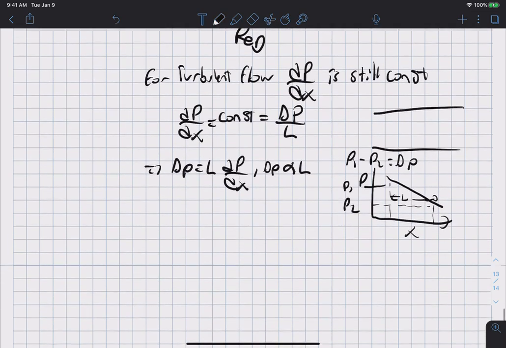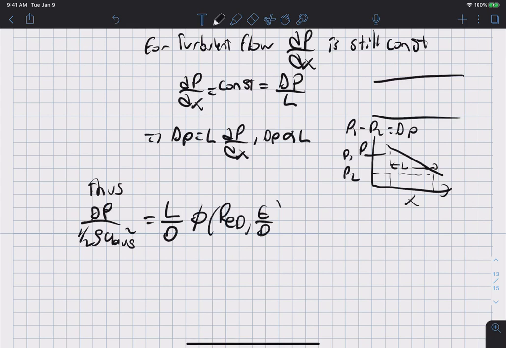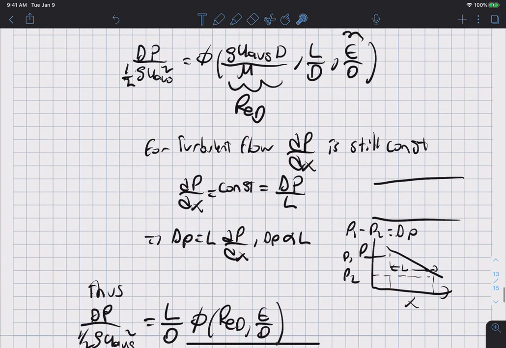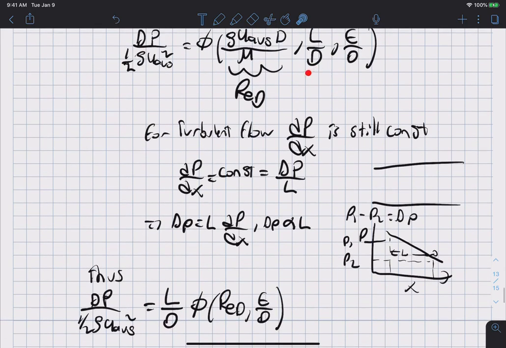So thus, delta P over 1/2 rho U averaged squared is equal to L over D times phi of Re_D and epsilon over D. Okay? Because we know that delta P has to be proportional to L, and the dimensionless parameter that contains L is the second one here, so it needs to be proportional to this pi group over here.